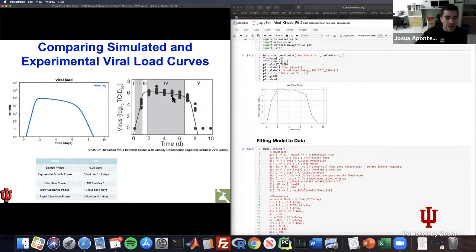So in the experimental data, it seems like the clearance kicks in later, but it's much faster. Whereas in our model, it kicks in earlier, but it's slower. And that's why you see that this slow clearance phase lasts longer in the experimental data than in our model. And then the clearance phase happens much faster in the data than it happens in our model.